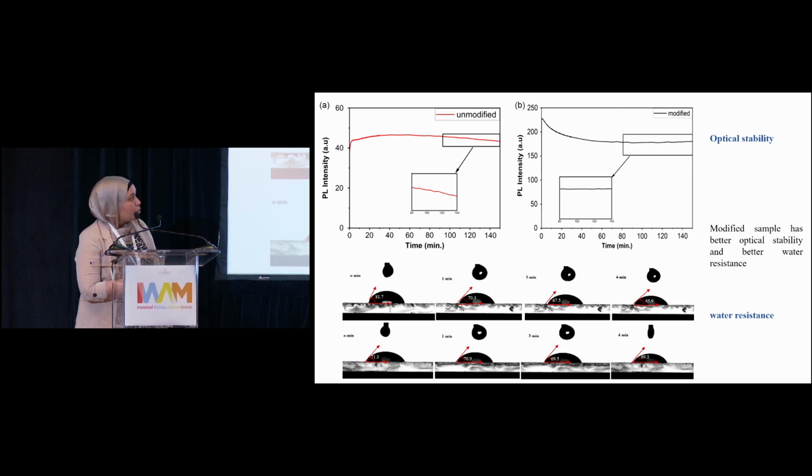Also, we measured the water resistance by dropping a drop of water on top of the film, and measuring the radius of the water droplet with the passage of time.